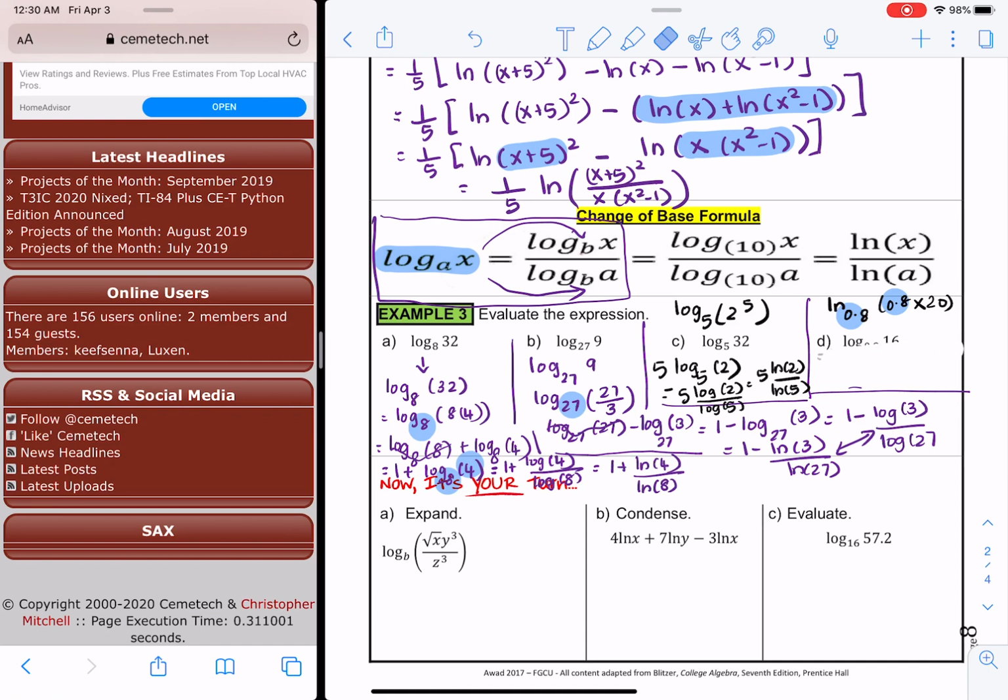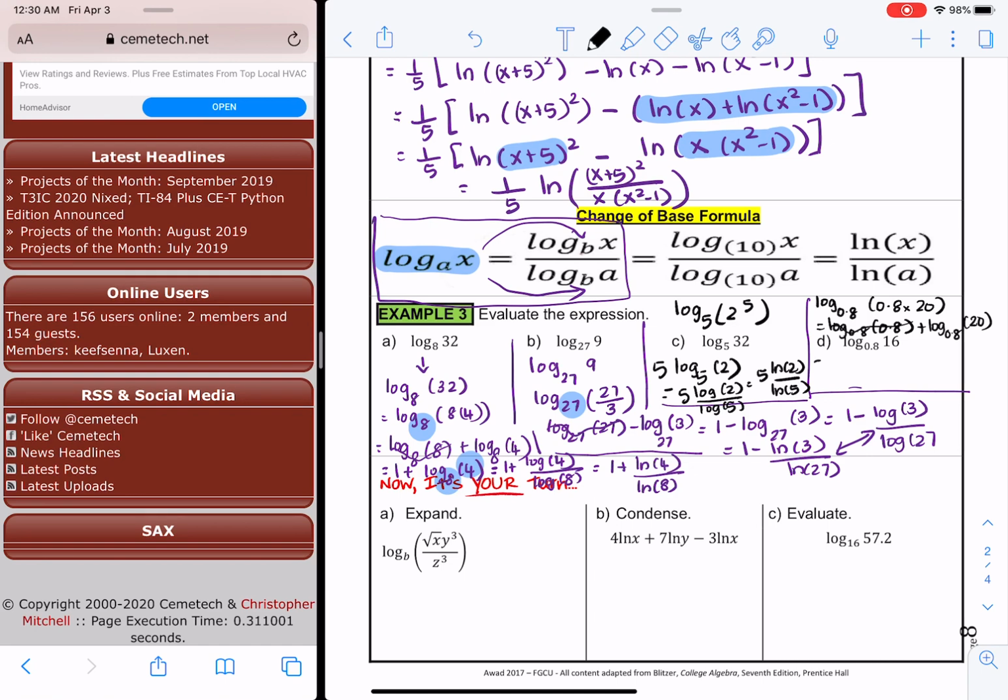It's not ln, I meant to say log. Let me take that back. Meant to write log base 0.8, rewriting 16 as 0.8 times 20, which would equal log base 0.8 of 0.8 plus log base 0.8 of 20.